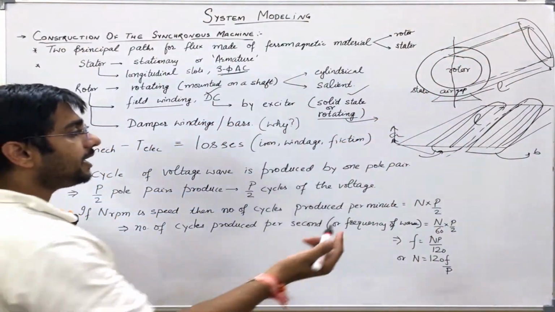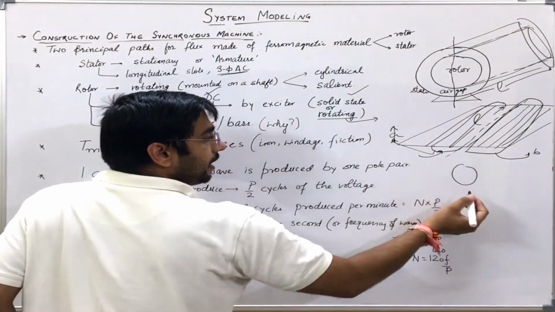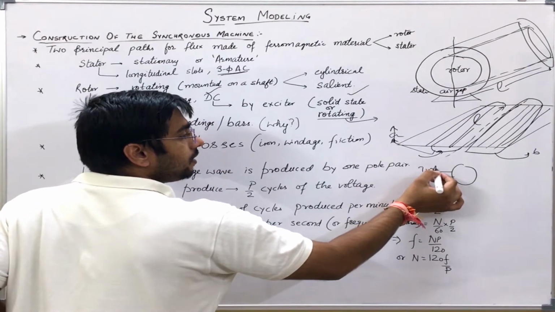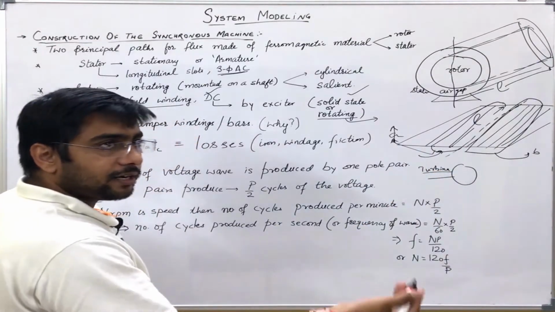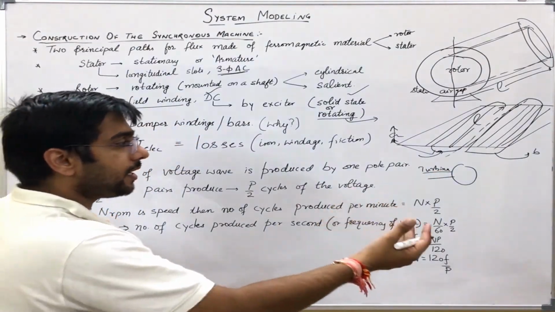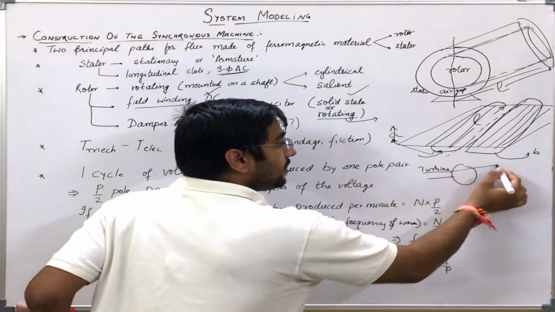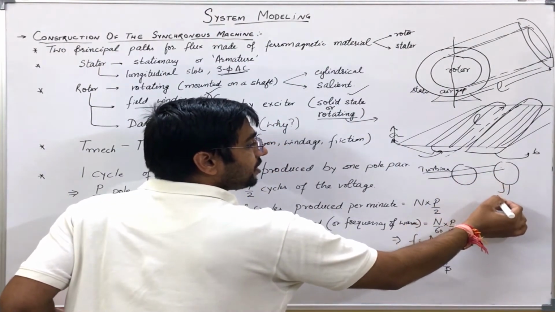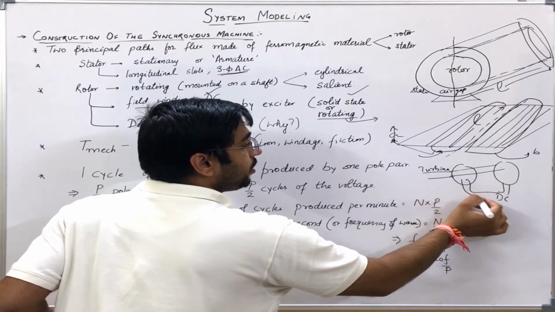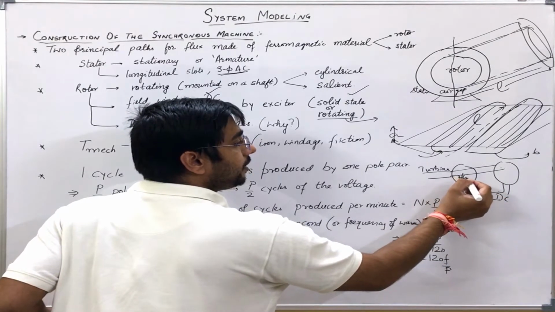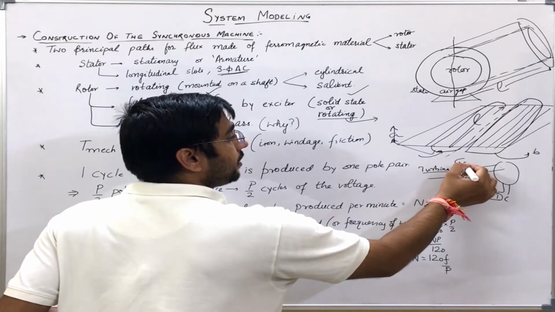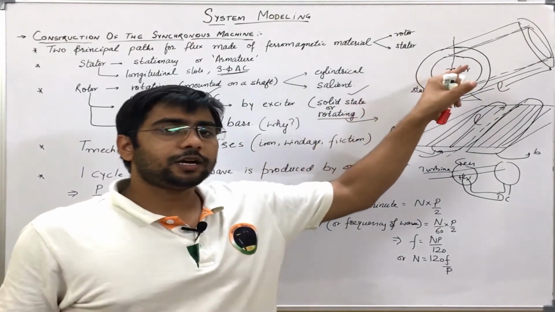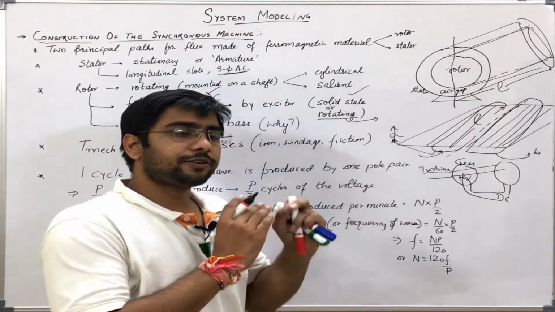That is, if it is a generator, it will be moved by some prime mover, let us say some turbine. So the exciter, that DC generator, will also be moved by this same turbine, and this will provide DC, which will be fed into the field winding of this generator. So there are various means to provide DC current to the field winding placed on the rotor.